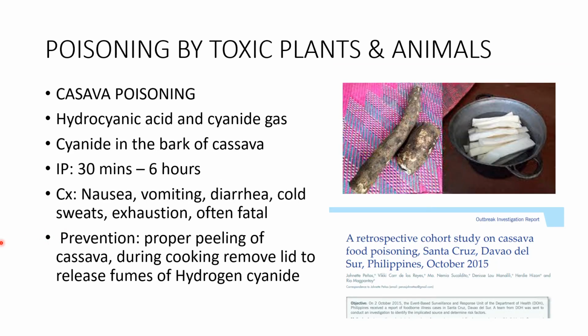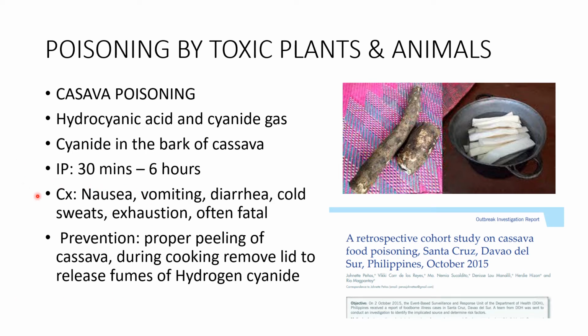Next is the cassava poisoning I mentioned earlier, which is highly related to cyanide poisoning. Hydrocyanic acid and cyanide gas is the toxicant, which occurs naturally in cassava. There is cyanide in the bark of the cassava.